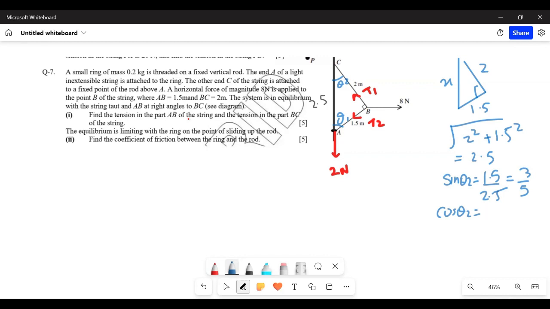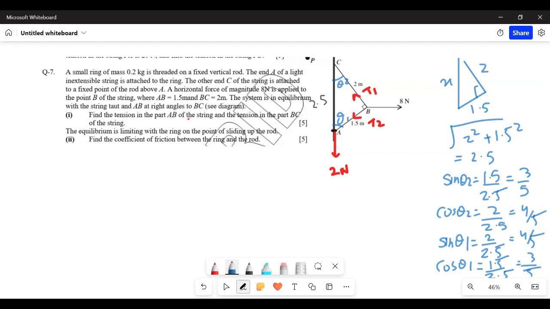Adjacent is 2 for theta 2, hypotenuse is 2.5, which equals 4 by 5. Similarly, sine theta 1 is going to be 2 over 2.5, which is 4 over 5. And cos theta 1 is going to be 1.5 over 2.5, which is 3 by 5.